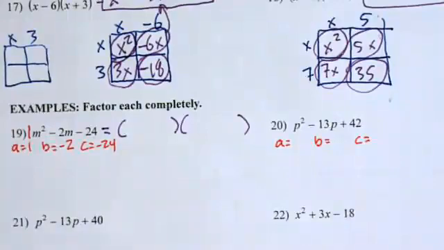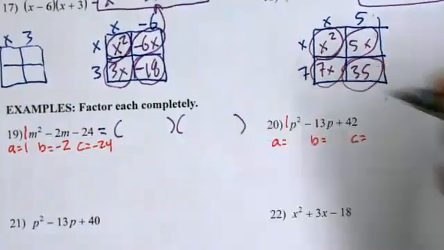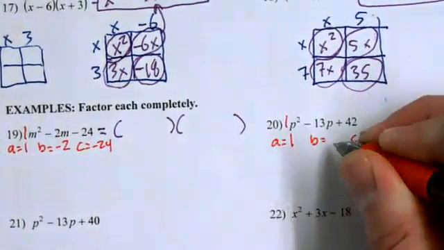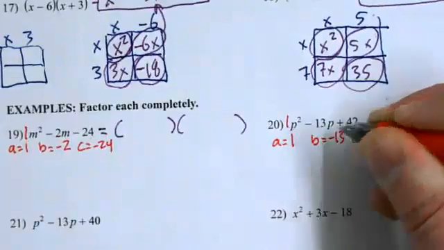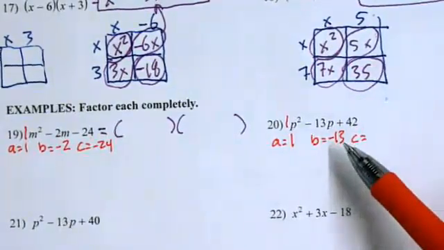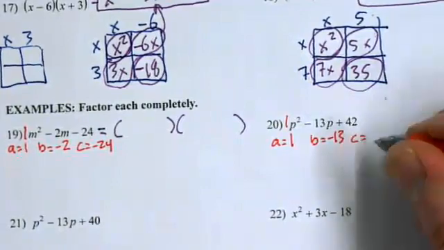It's invisible. What is A? A is 1. Yeah, there's an invisible 1 in front of that p squared, and that would be our A. What do you suppose B is? Good. I'm glad you said the negative with the 13 also. That's a common mistake. Did anybody just have 13 without the negative? Anybody make that mistake? If you did, that's good. You got it out of the way. Don't make it again. And then C would be 42.